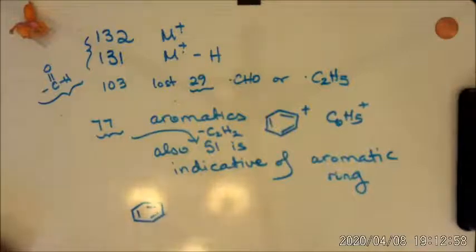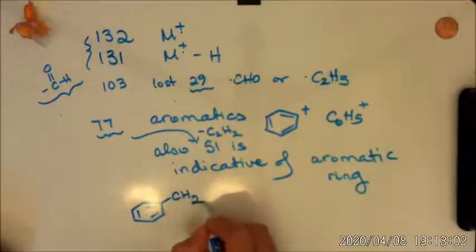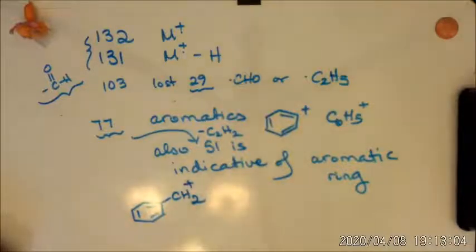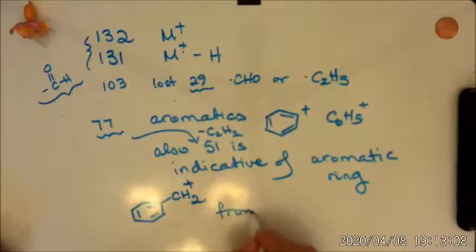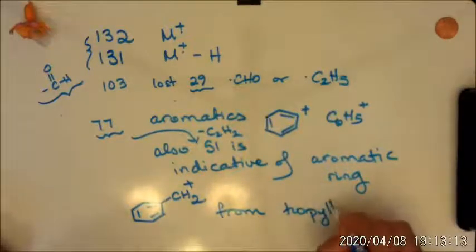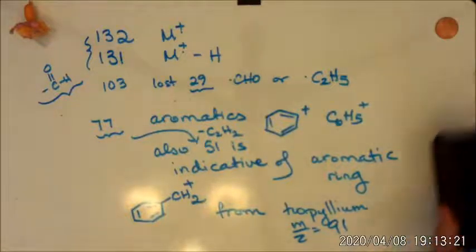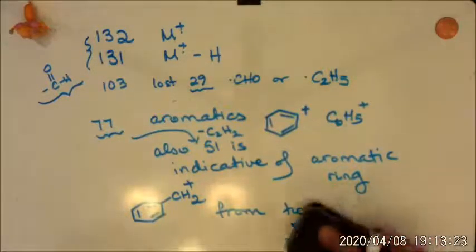Now this is what I'm going to explain. So when I have my aromatic ring, if I had a CH2 here, an alkyl methylene, then I would form the tropylium ion. So we would see a mass charge ratio of 91, but I don't. Okay, that is not present.